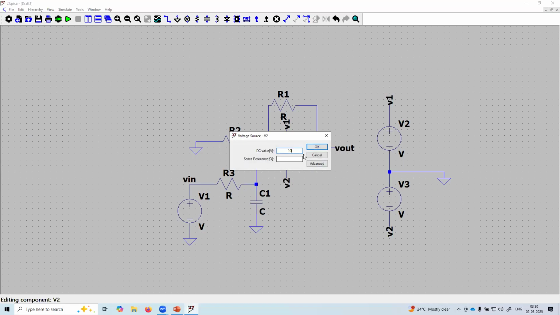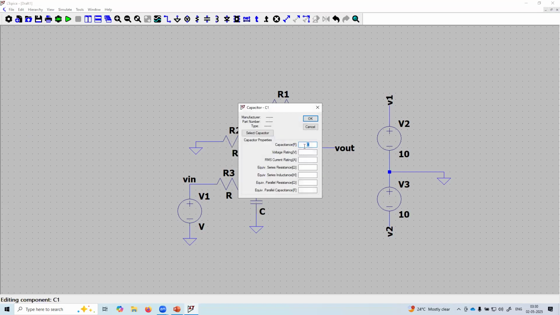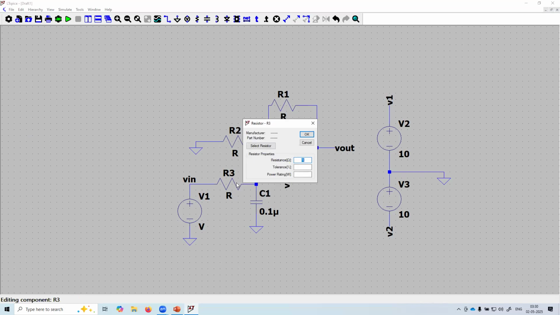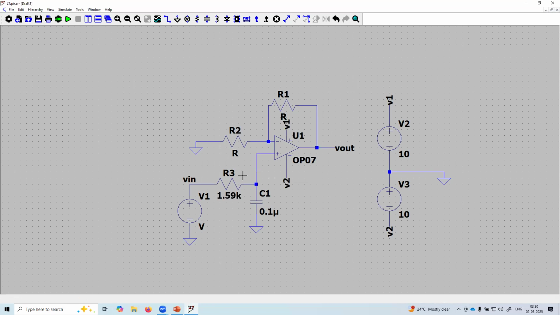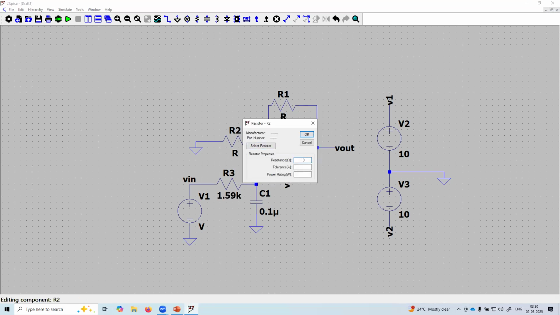Now I have to give the values to the components. This one will be 10 volt. This one will be 9 volt. The value of capacitor will be 0.1 microfarad. R is equal to 1.59 kilo ohm. This one will be 10 kilo ohm.